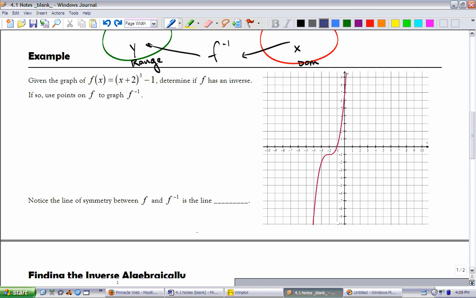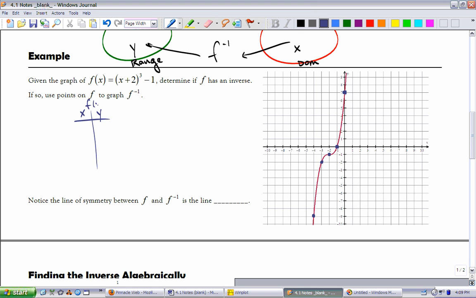All right. Next, in order to graph its inverse, we have to realize there are certain points on this graph here that will help us find our inverse.